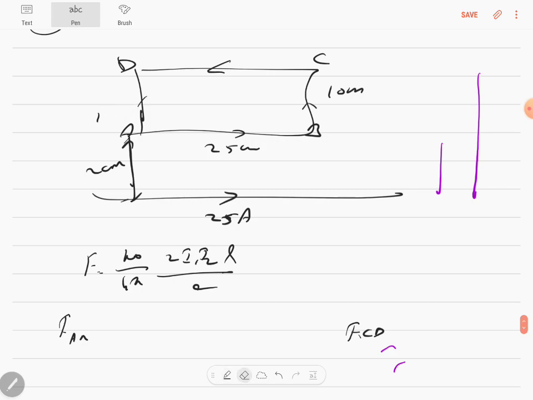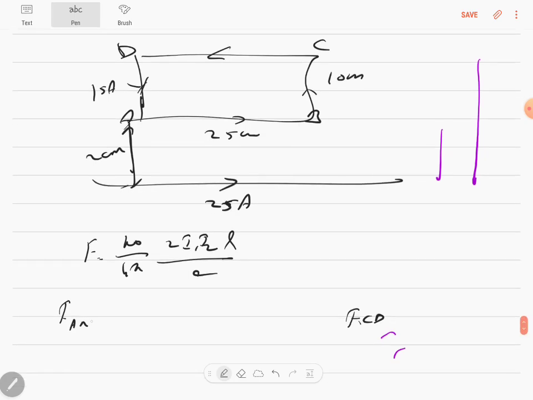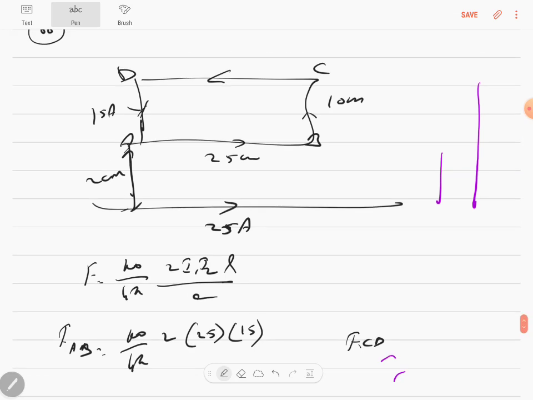15 amps, right? So force on AB is mu naught by 4 pi into 2 into I1 which is 25, into I2 which is 15, into L. This L, we'll always take the two lengths to be the same.